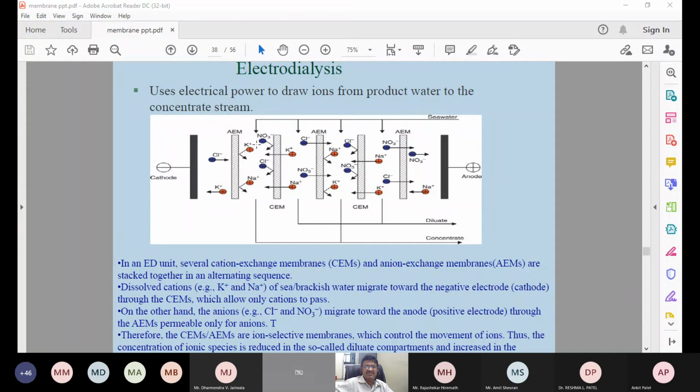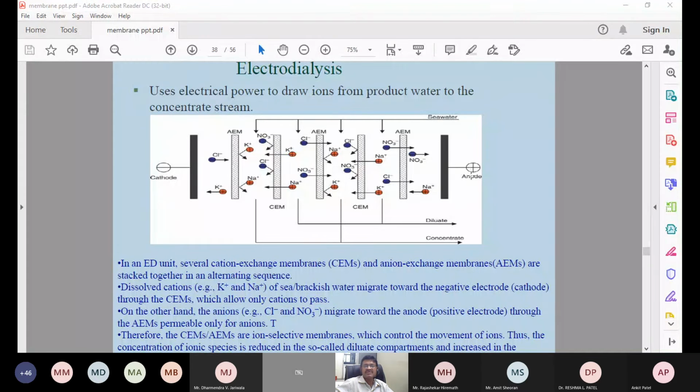Let us say the seawater is coming here. It has K+, Na+, NO3-, Cl-. So what will be happening? The NO3- will go to this side. Why will it go to this side?